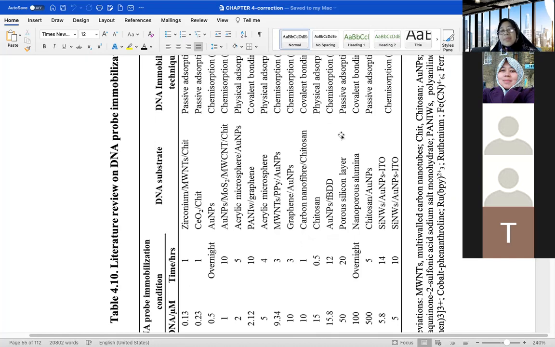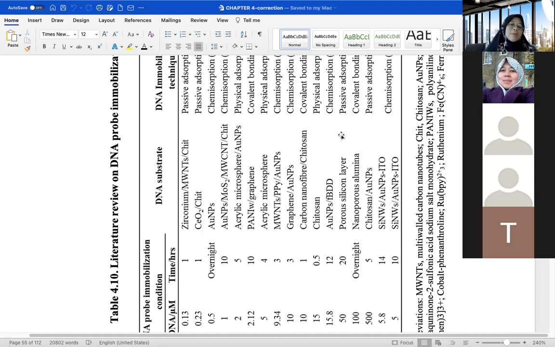Let's say you want to make comparisons with quite a number of previous research works, then you can table it, or you can talk about it in text. If the points you want to highlight are very important, you can make quite a number of comparisons and table them.